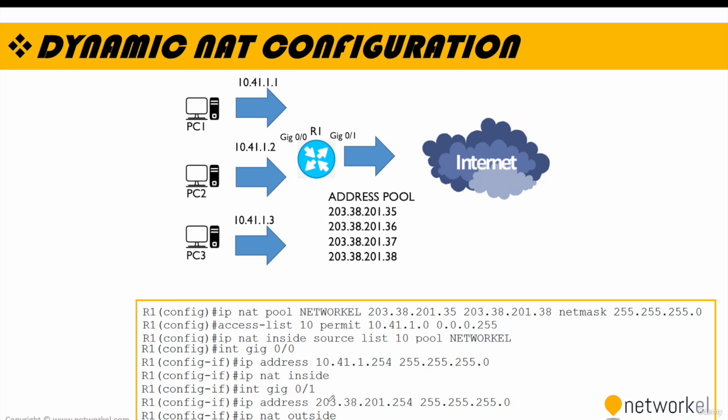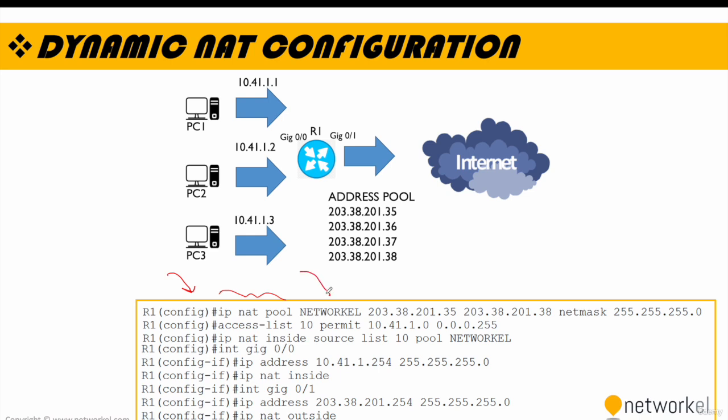And dynamic NAT configuration. If you remember, there was a pool within the dynamic NAT configuration which the PCs use on a first come, first use basis. So first of all I need to define an IP pool. The definition is like ip nat pool.